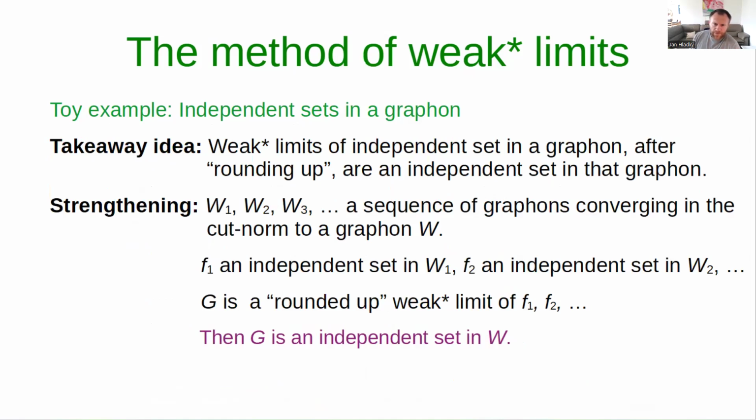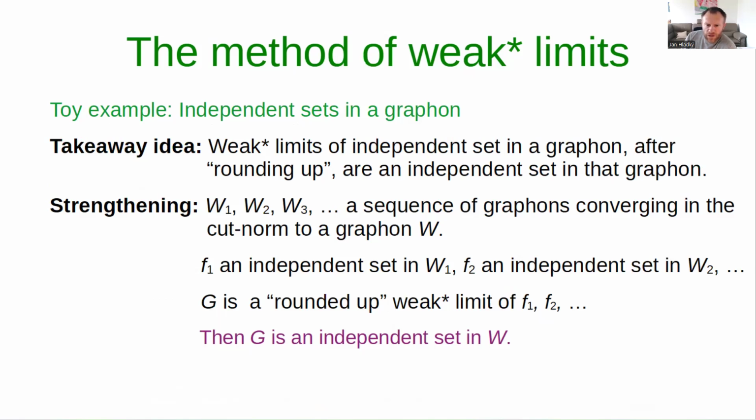The main takeaway from this toy example is that the weak star limit of independent sets after rounding up gives us a valid independent set. But now we are going to introduce a crucial strengthening. Suppose we have a sequence of graphons, Wn, that converges to a limit graphon W in the cut norm.